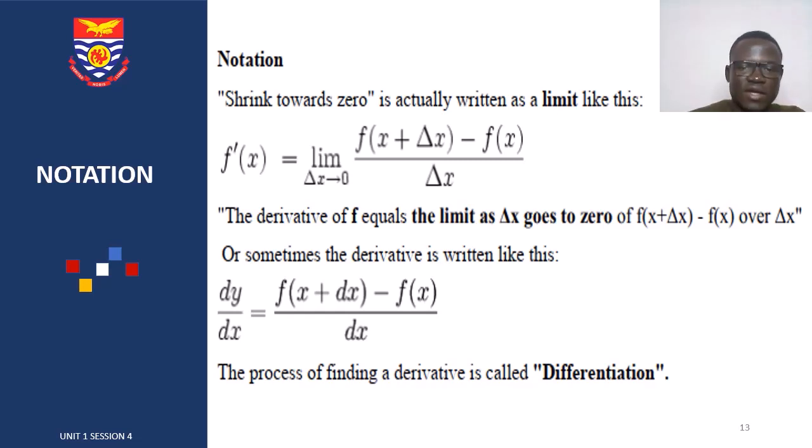So the derivative of f equals the limit as the change in x goes to 0 of the change in y, as we saw earlier on, over the change in what? X. Or sometimes the derivative is written like this, dy over dx, which is the change in y over the change in what? X. And the process of finding a derivative is what we call differentiation.